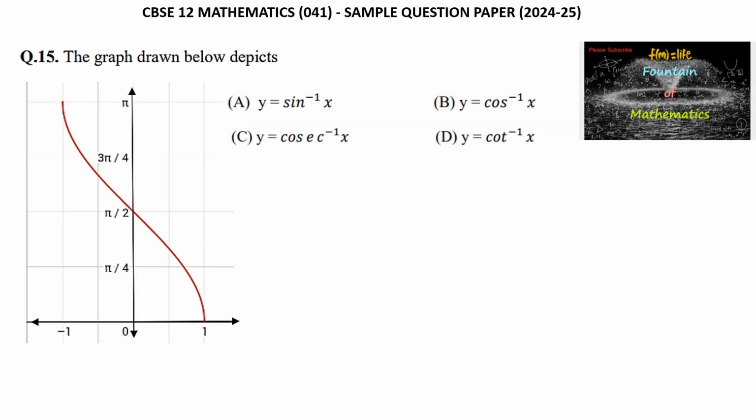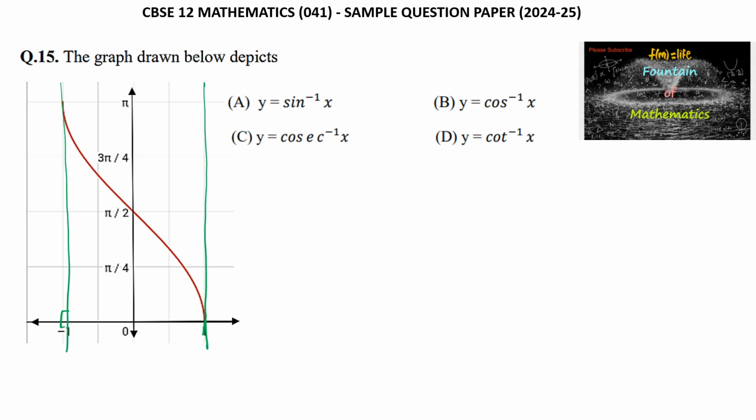We need to identify the graph. Either it is sine inverse x, cos inverse x, cosecant inverse x, or cot inverse x. Let's see the domain of the function. We can see that the domain on the x-axis, the graph is from -1 to +1.